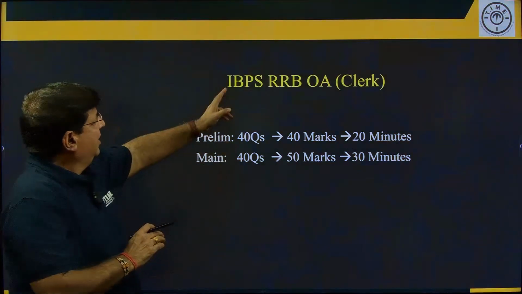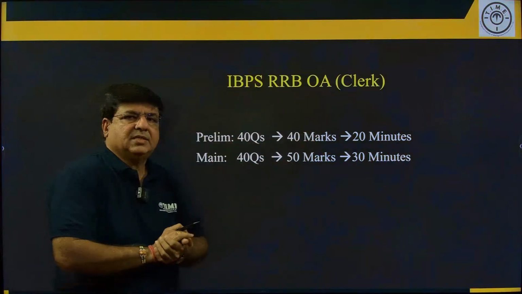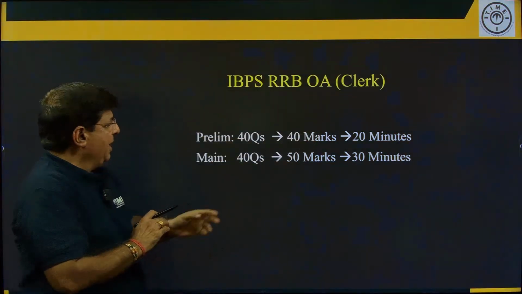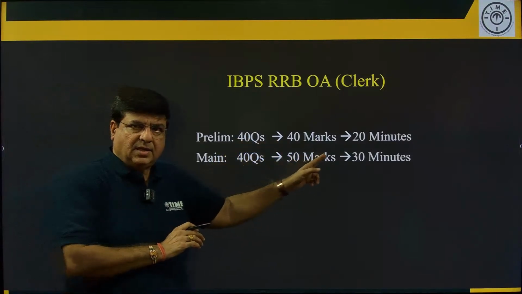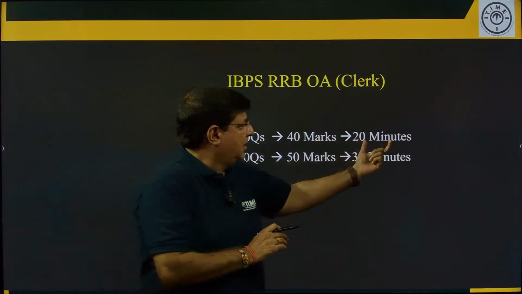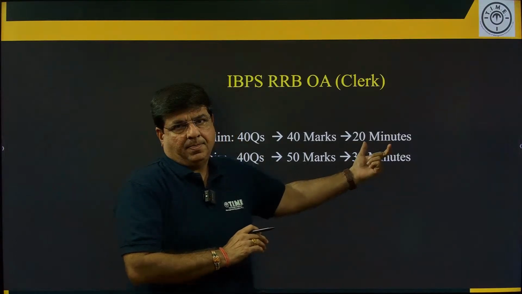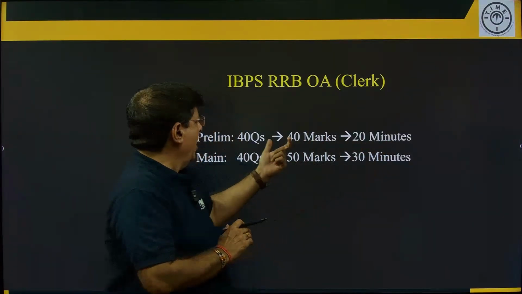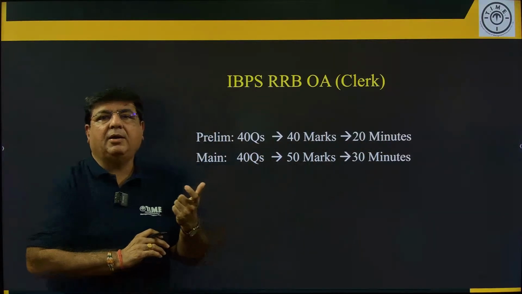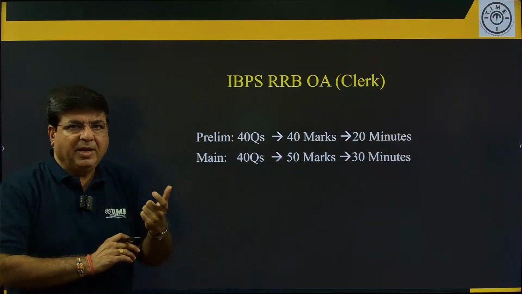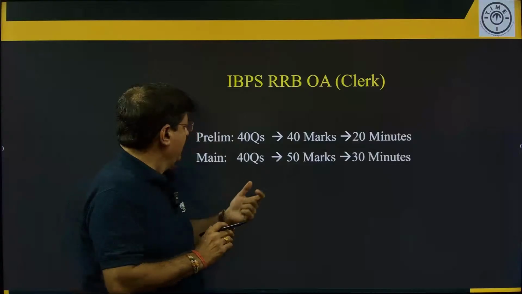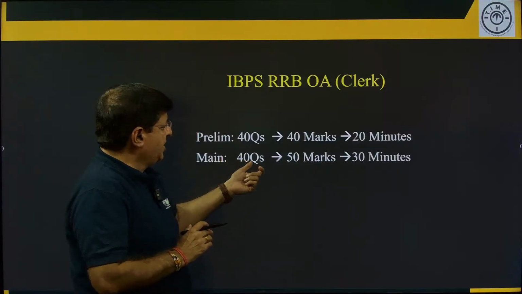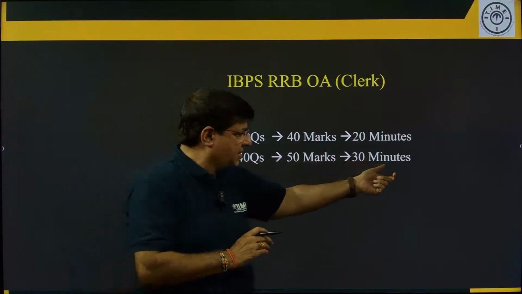Let's start with IBPS RRB Office Assistant clerk. In the prelim exam, the number of questions is 40, the marks are 40, and the duration is 20 minutes. Less than 1 minute per question, half a minute per question. Speed and accuracy are of utmost importance. In mains, 40 questions, 50 marks, 30 minutes.